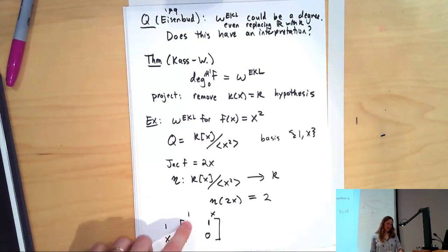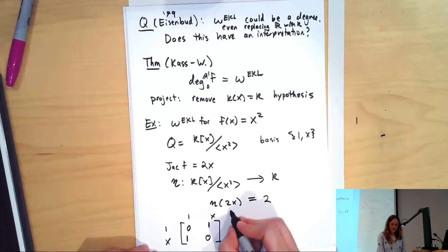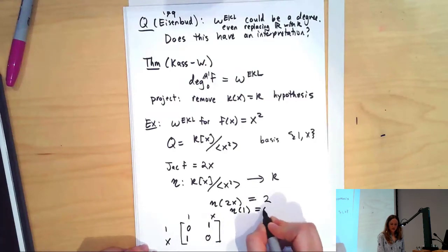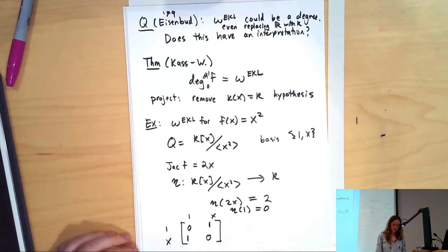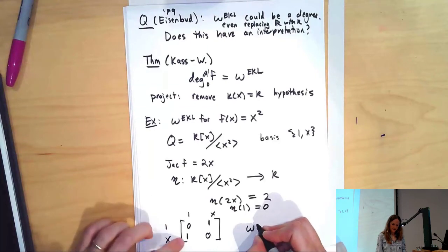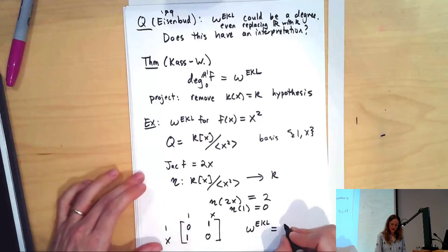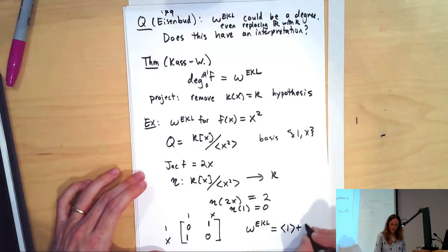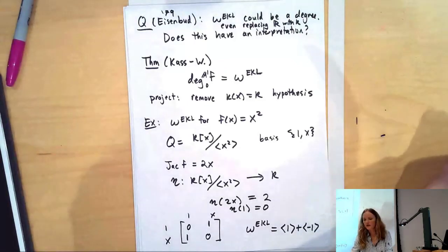And then no matter what we send this to, we can make a basis change. We can just add x times something to make this 0, and that would correspond to the choice of this linear function. So we get that the omega EKL is represented by this matrix, which can be diagonalized to be diagonal with 1 and minus 1.